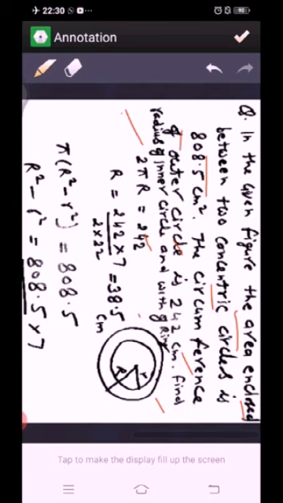So we can see here the radius of the inner circle is small r and the radius of the bigger circle is capital R. This area is called the area enclosed between two concentric circles. So this area is equal to the given 808.5.